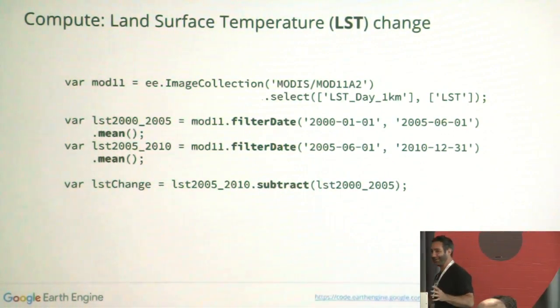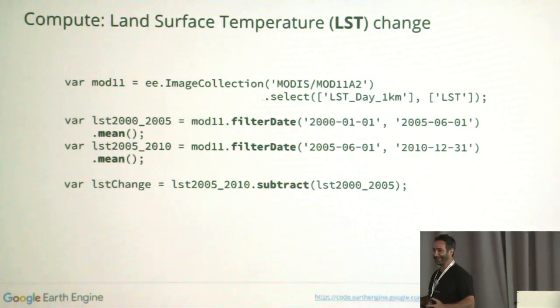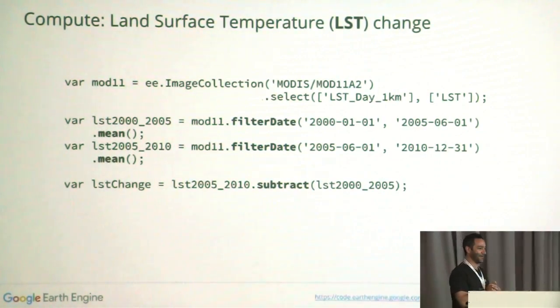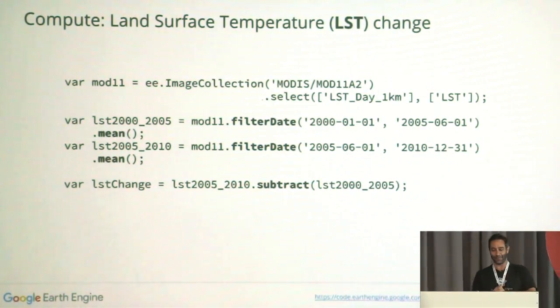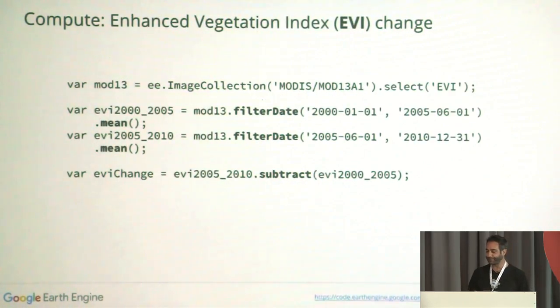I'm not claiming that any conservation decisions should be based on this analysis. You folks probably have a much better idea of the proper way to do this. But this was just sort of out of curiosity, where land surface temperature is changing. So subtract one from the other.